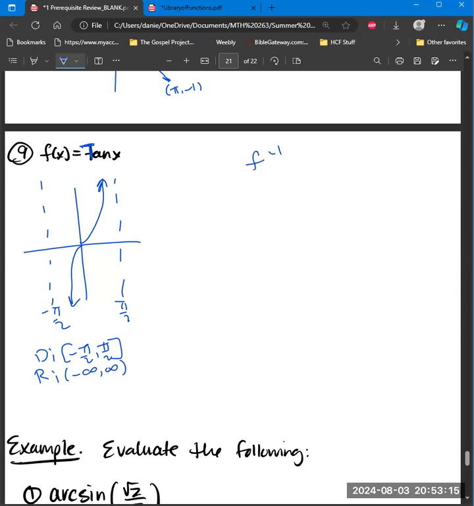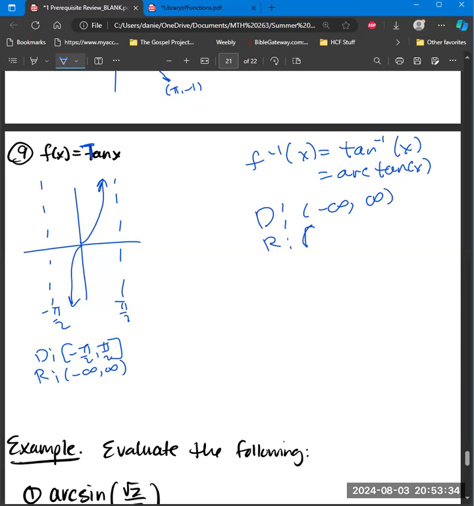So my inverse function here is going to be arc tangent of x, or arc tan of x like this, and it has a domain of negative infinity to infinity and a range of negative pi over 2 to pi over 2, and I'm really going to put these in parentheses. It gets close to those asymptotes. I'll show you what this one looks like.